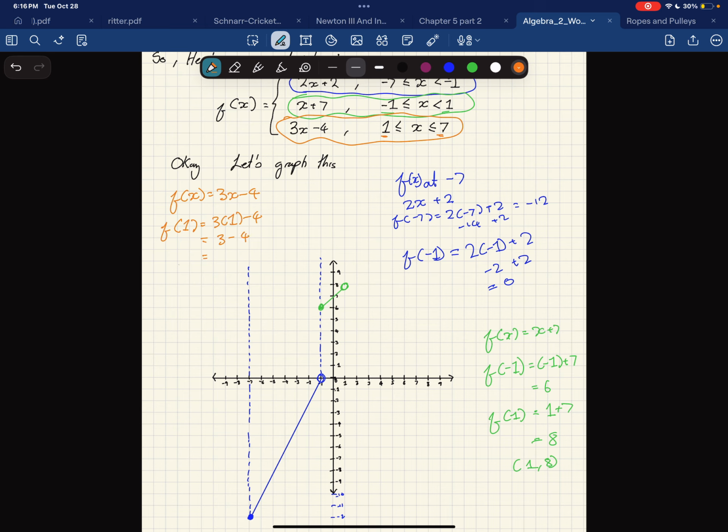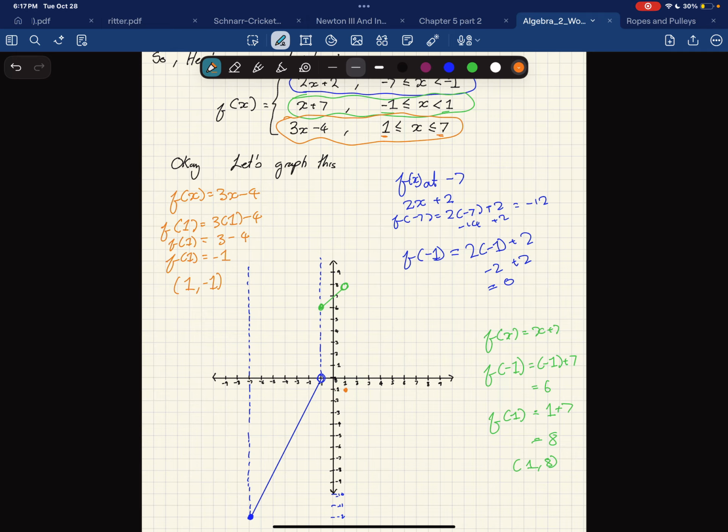So f of 1 is going to be equal to minus 1. So our point here is (1, -1). And am I including? Yes, I am. So (1, -1), I'm right there, and I'm including.